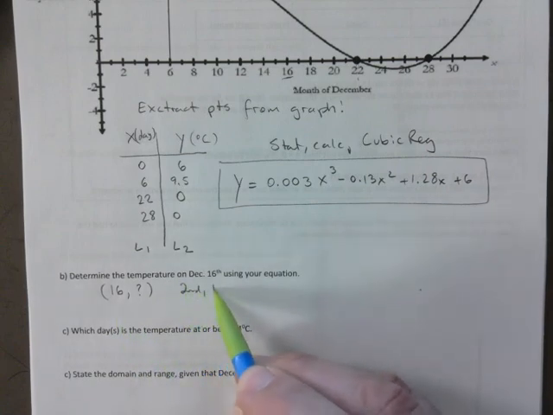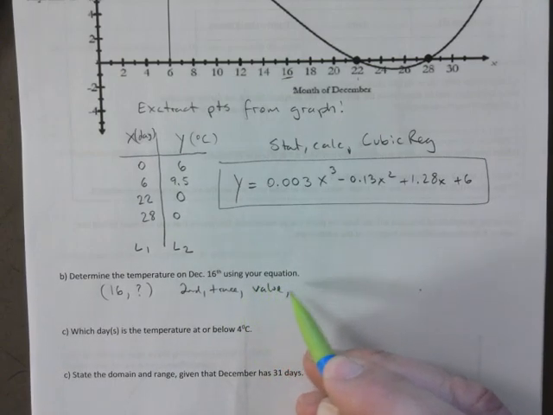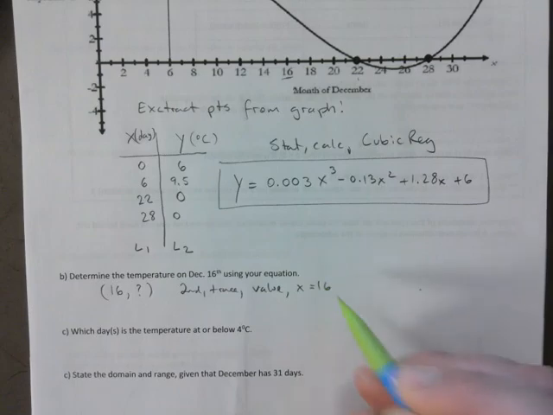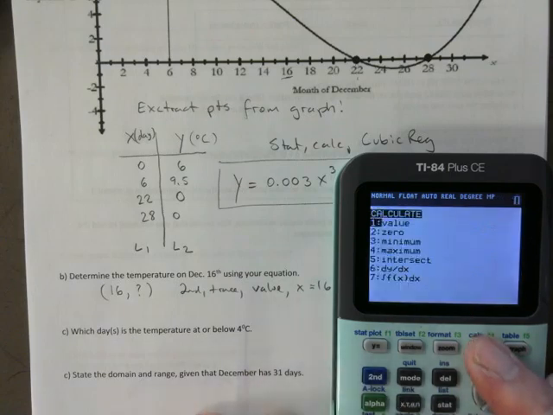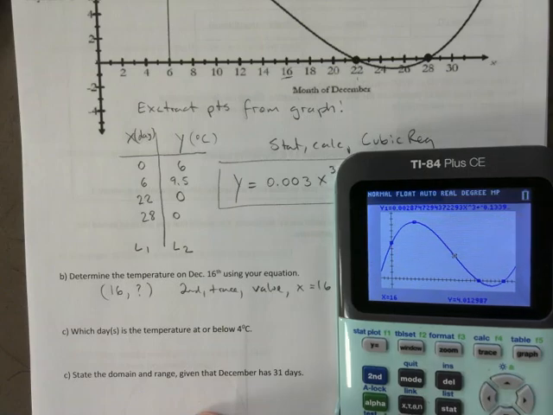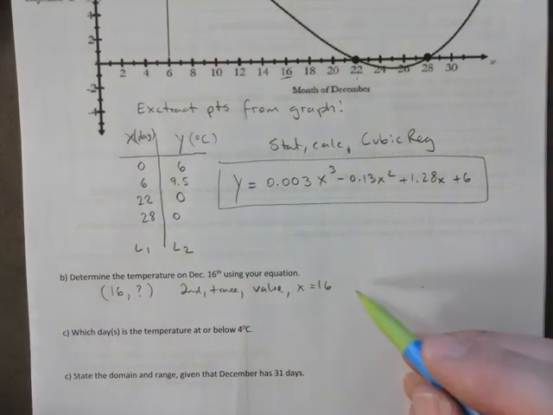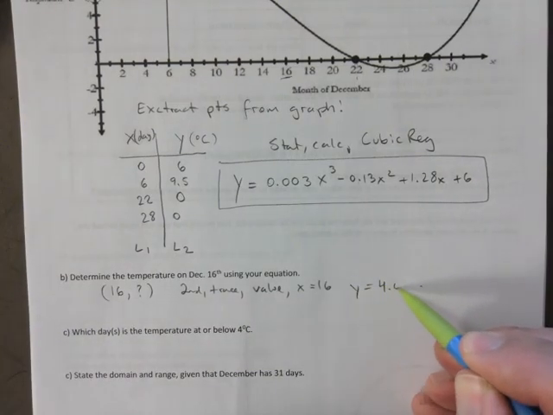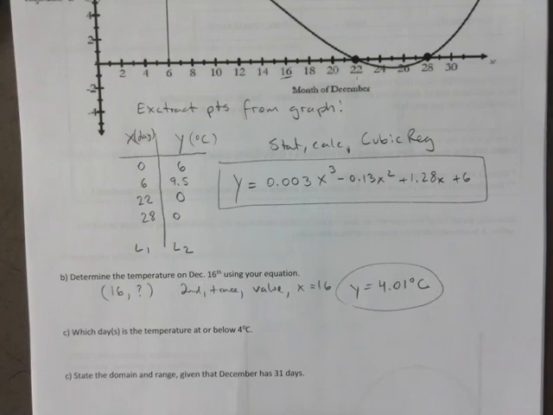So we go second, trace, value. We let x be 16, and we'll figure out what the y value should be. Second trace 1, 16, and the temperature is 4.01. And all you need to do here is make sure you have the right units. So we're talking degrees Celsius, right?